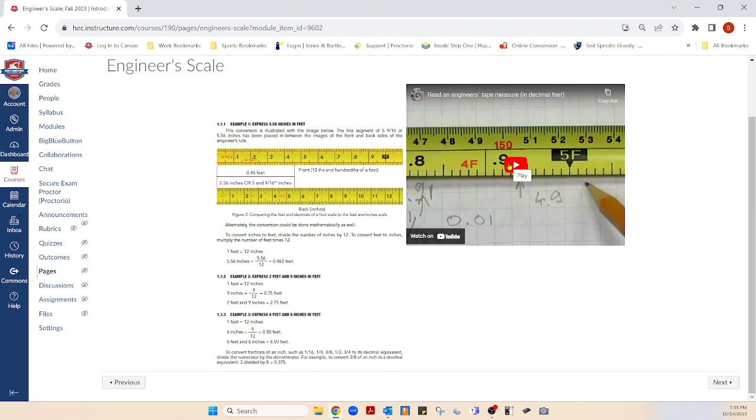I'm hesitating because I'm trying to see why he's... Yeah, so this is not back this way, this is the 4. He's just showing them the 4-foot area.